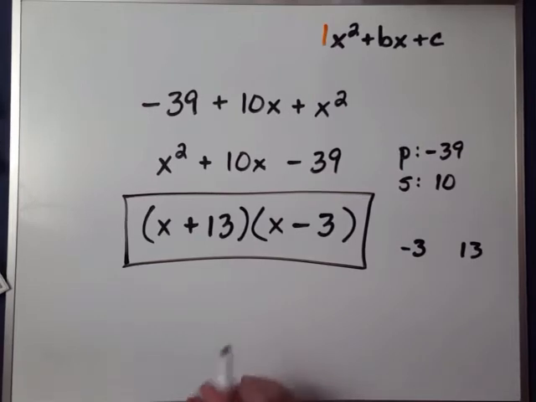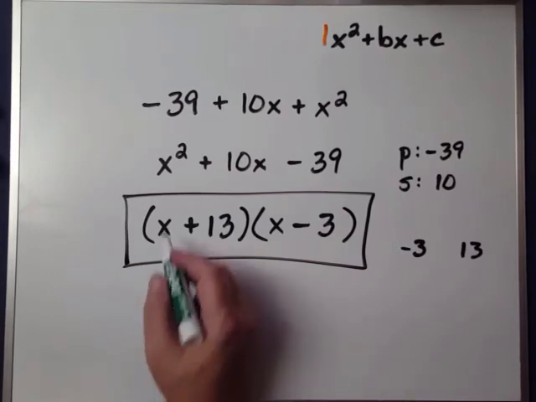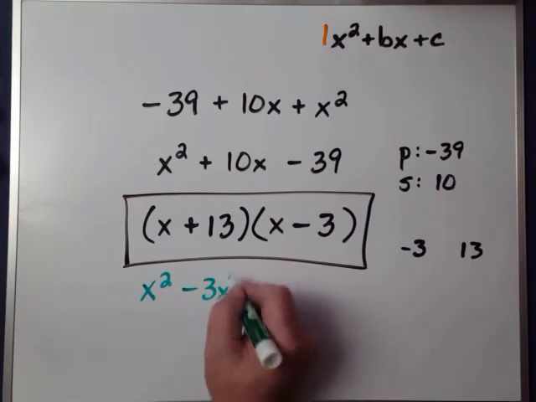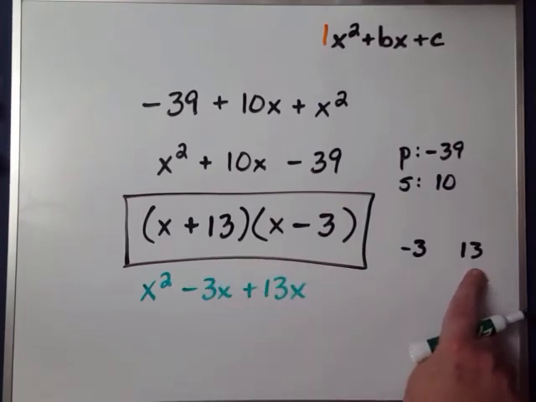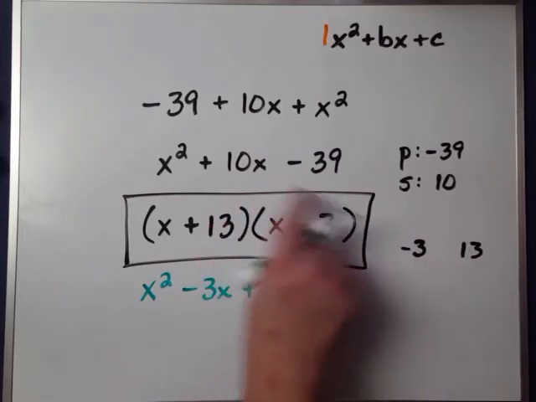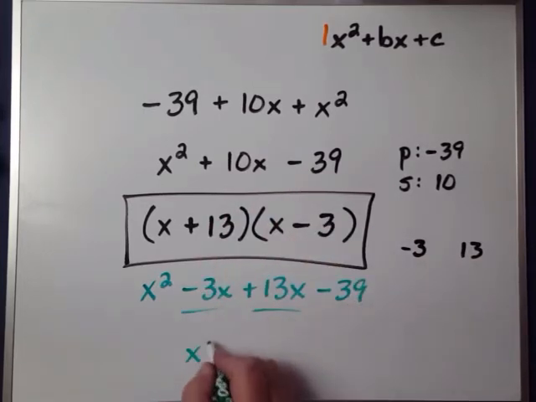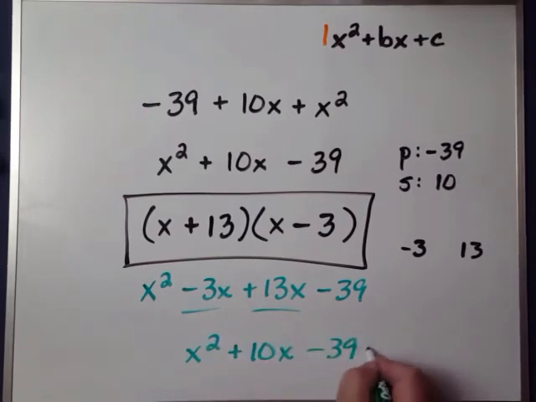And check these. You're going to learn more about factoring just checking these than you realize. The first, x squared. The outside, minus 3x. The inside, plus 13x. Don't those look familiar? The product of the last, minus 39. Combine like terms. And that works.